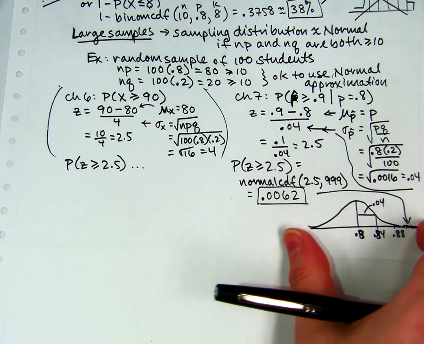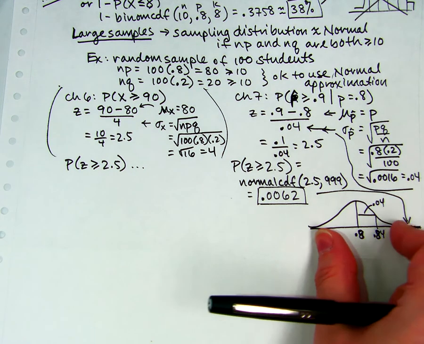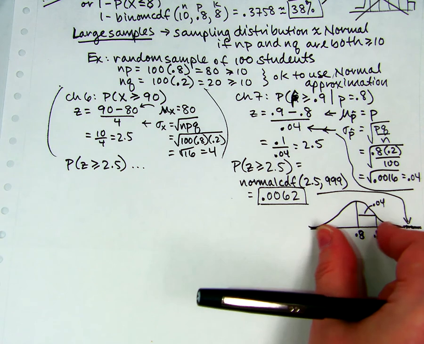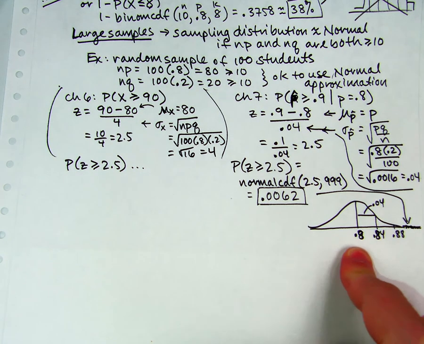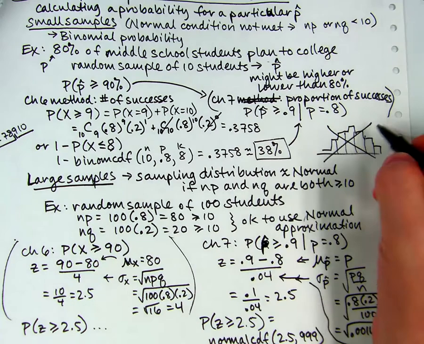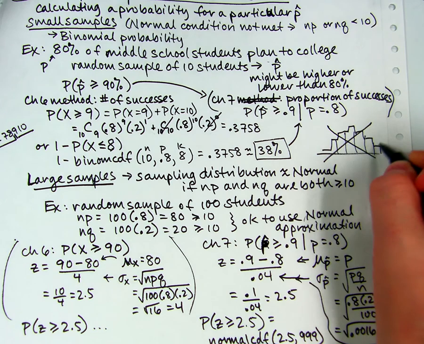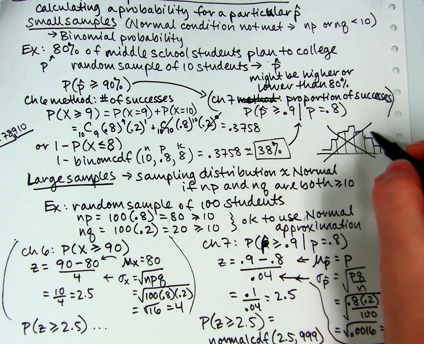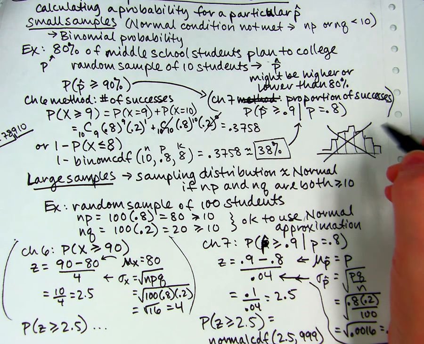So that's kind of evidence of what we've been talking about, that if you have bigger samples, you get closer to the true proportion, and it's more unusual to be far away from the true proportion. This graph that I didn't finish up here, if I had finished it, which I'm not going to because it's hard to get it accurate, because it's not a normal curve, it's some other shape.